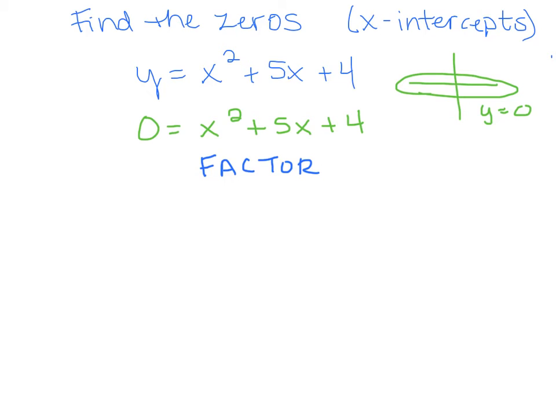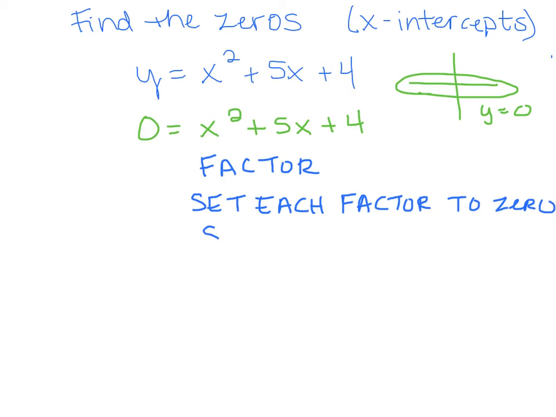The next step we would do would be to set each factor equal to 0, which sounds pretty familiar. Once we do that, we're going to solve. And then after that, we'll have both of our answers. So we'll have two x-intercepts. Occasionally, there'll only be one x-intercept, and that's when the vertex lies on the x-axis. And we'll talk about those tomorrow in class.